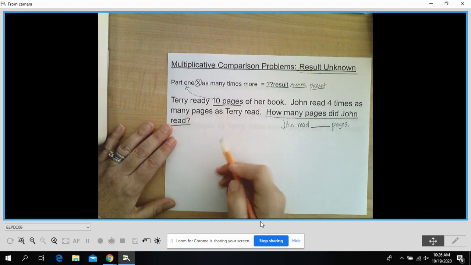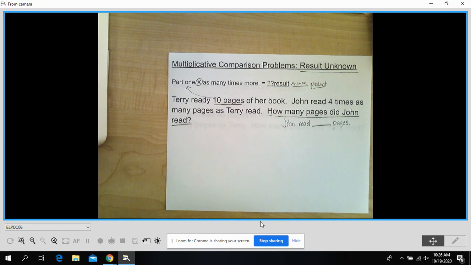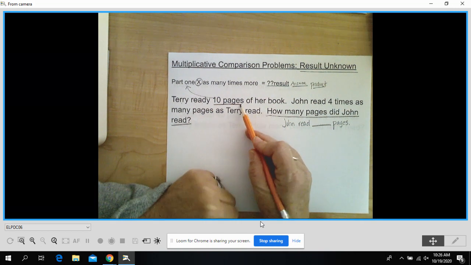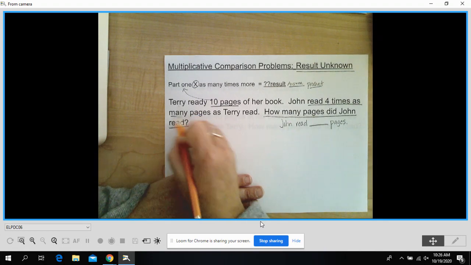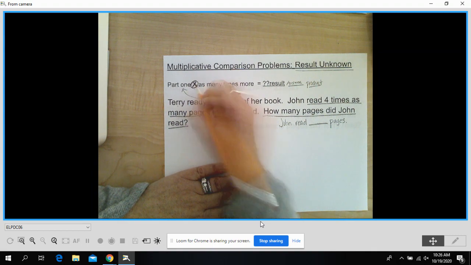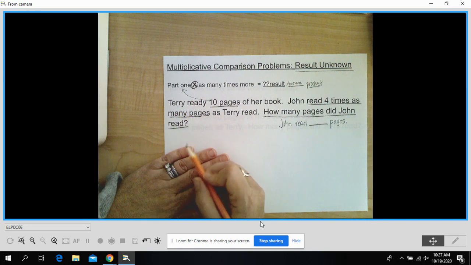That's part 1. So I can see Terry maybe snuggled up on her couch, reading 10 pages of her book. And then John, he's really interested in his book, so he read 4 times as many. So that's when you multiply by as many times more than this first part.